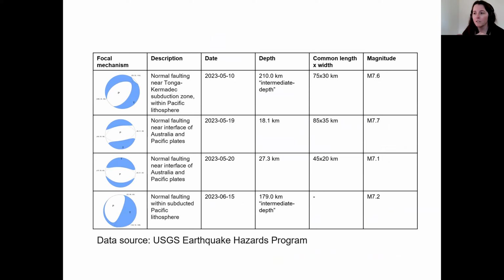That's a much different mechanism and location than the 19th and 20th, which, as you can see from the depths, were under 30 kilometers, and considered normal faulting at the interface of the Australian and Pacific plates. So it gives context that we may be trying to detect almost two different animals here in terms of earthquake behavior and acoustic wave generation.